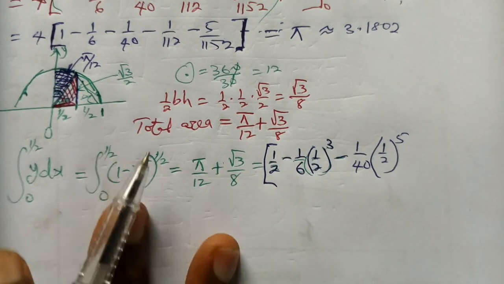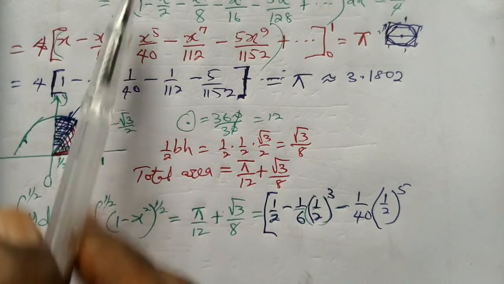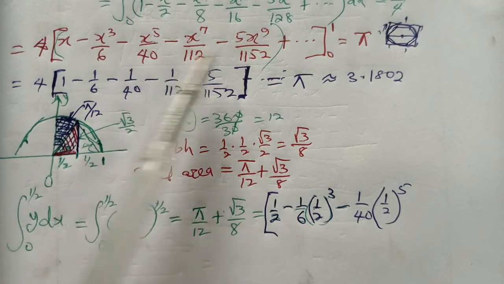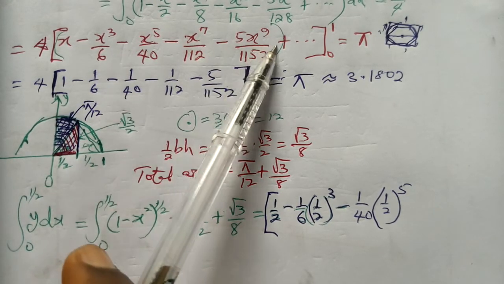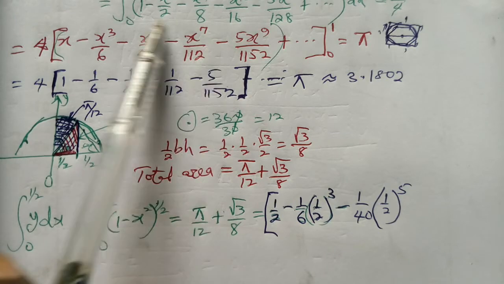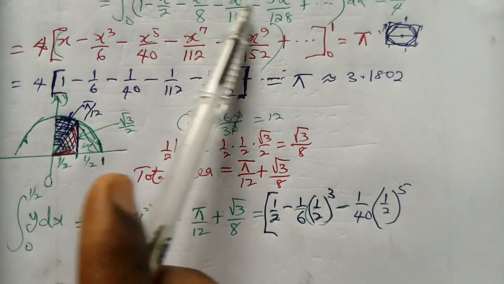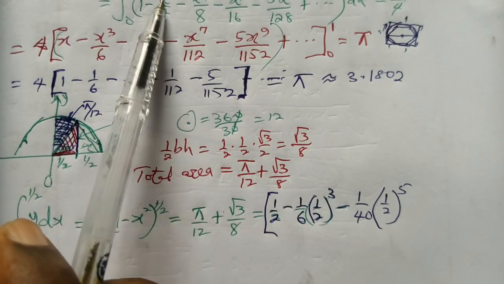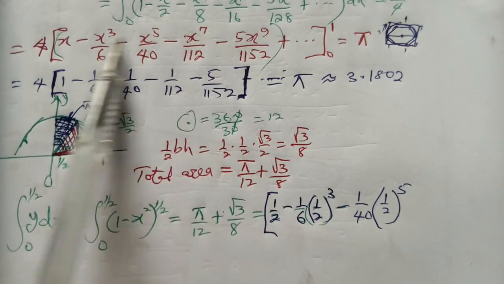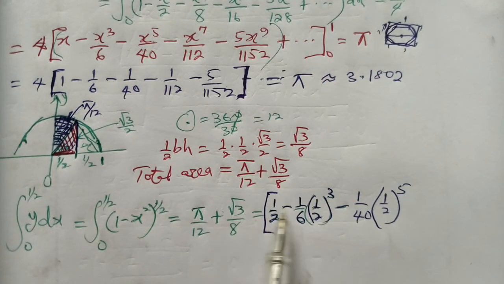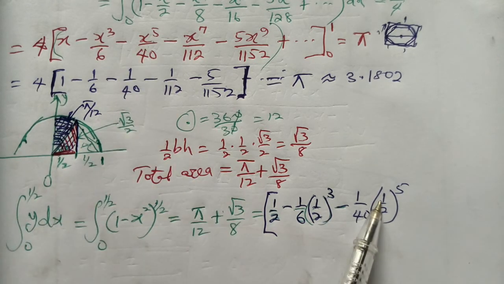So what we have just done is to plug in the halves into these places, into these coefficients, into these variables that we have obtained from our integration. If we put half here, we get this. If we put half here, we get this. If we put half here, we get this.